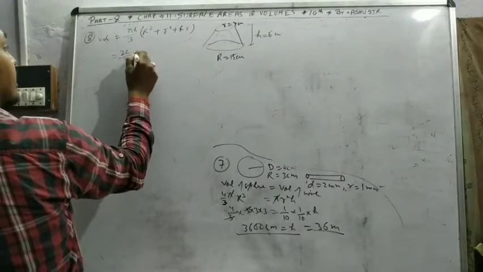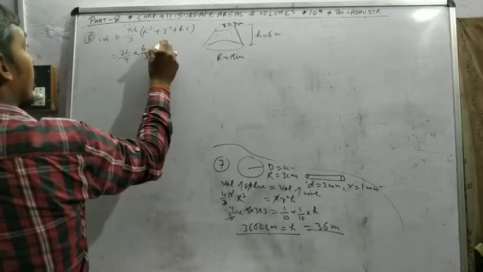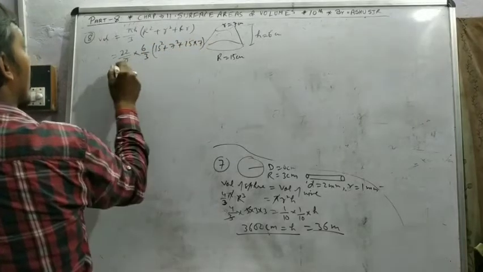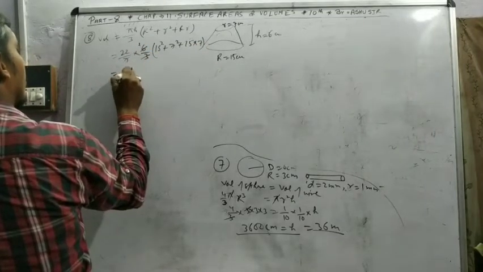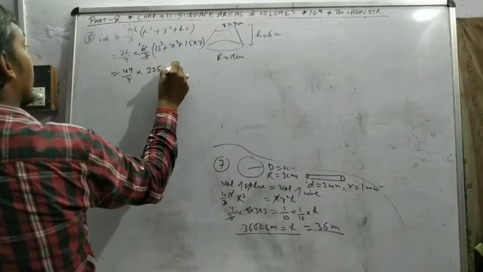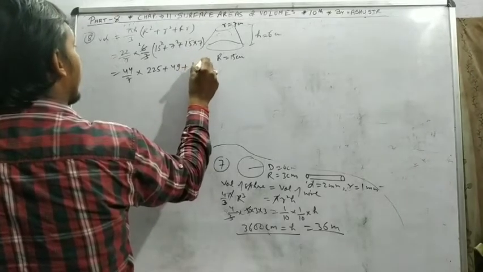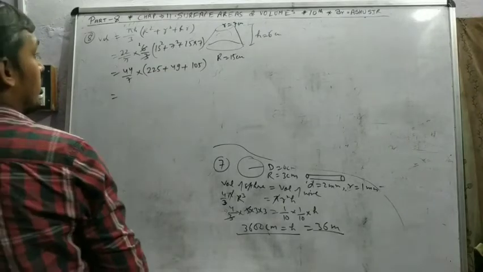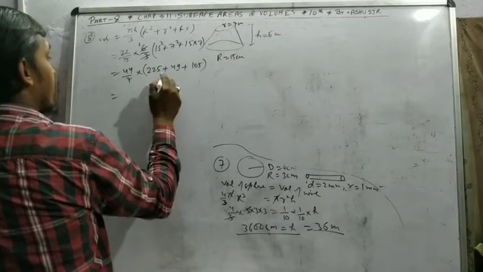So pi by 3 into h into R square plus r square plus R r. 3 into 6, 44 by 7 into 225 plus 49 plus 105. So we get 330, 379.